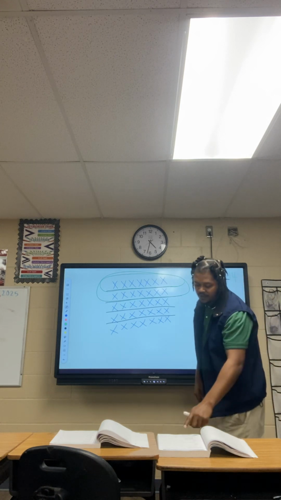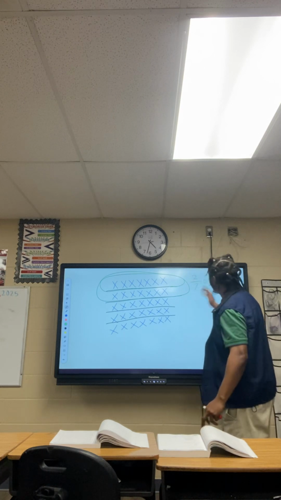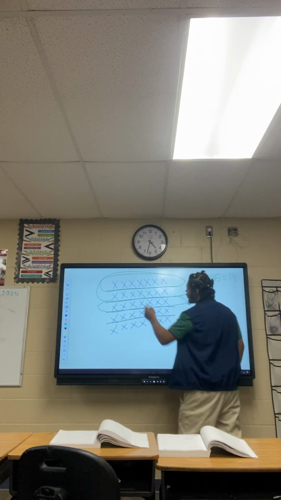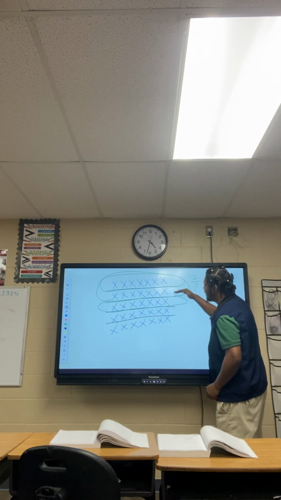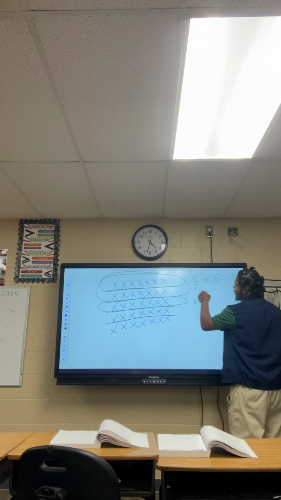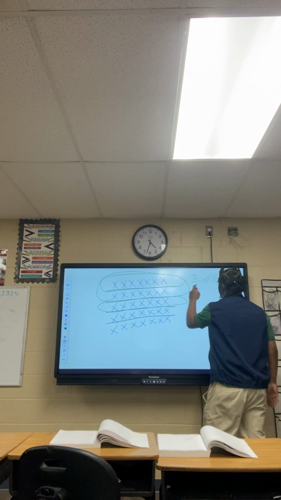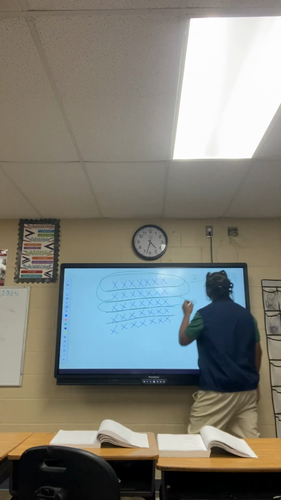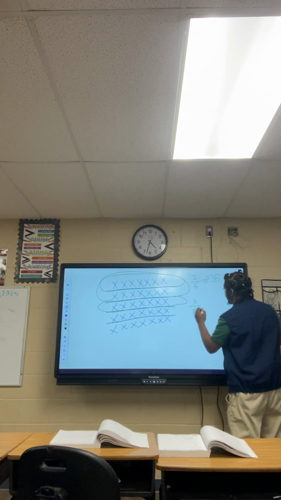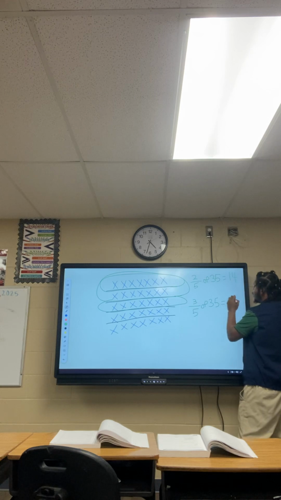Then they're asking you 3/5 of 35. We would circle our 3rd group and count those up: we have 7, 14, and then 21. I apologize, that's supposed to be a 5. So 2/5 of 35 is 14, and 3/5 of 35 is going to equal 21.